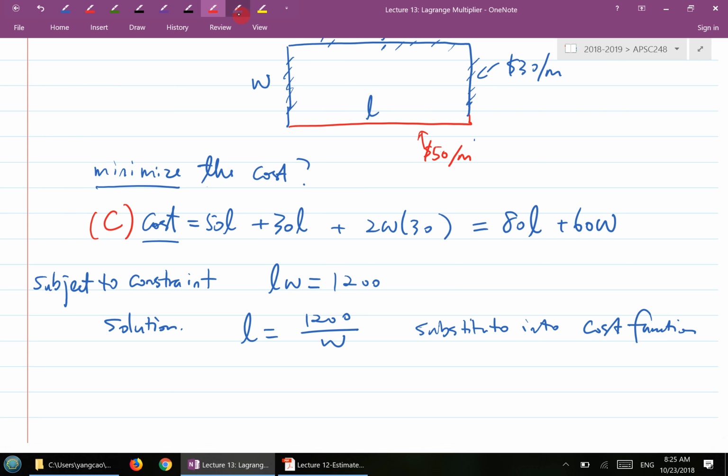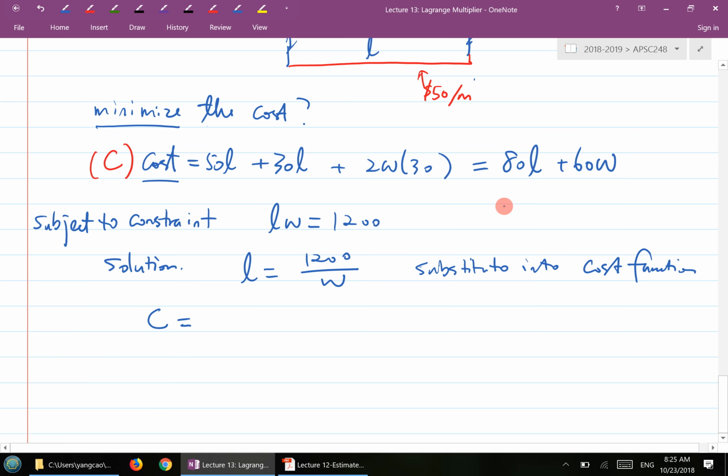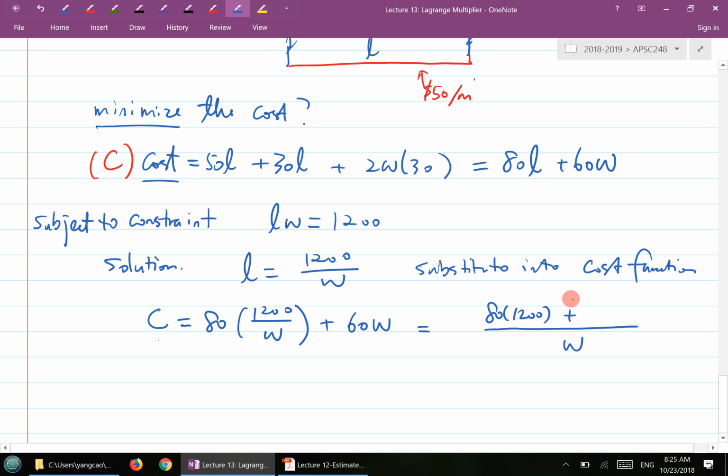So now C equals 80 times 1,200 over W plus 60W. Now your cost function C, instead of being a function of 2 variables, with the substitution ends up with just one single variable W. Simplify this a little bit and you get W at the bottom, 80 times 1,200 plus 60 W squared.